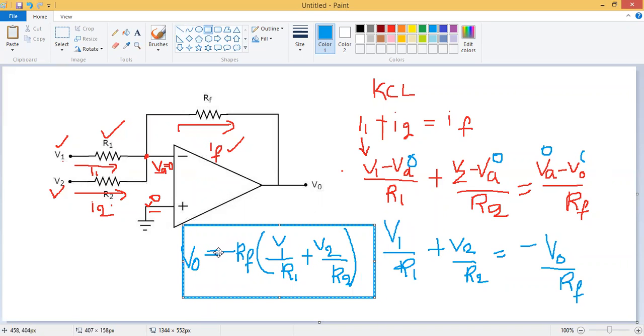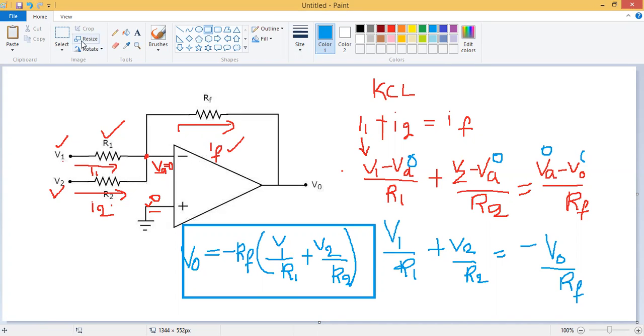Now from this equation I am going to write the voltage gain expression, that is V0 by Vin. Here, if you assume V1 equals V2, then V0 by Vin is equal to RF by R1 plus RF by R2.